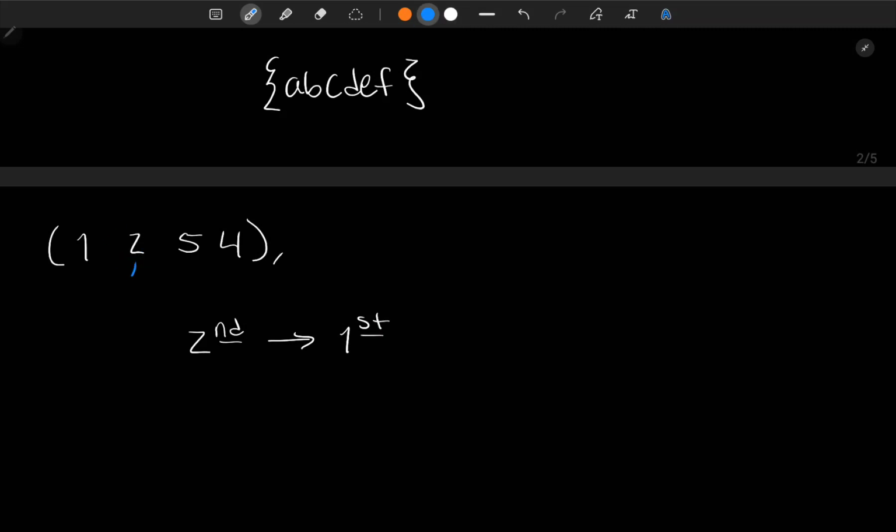So 2 goes to 1. And the fifth element goes to the second element. That is, 5 goes to 2.